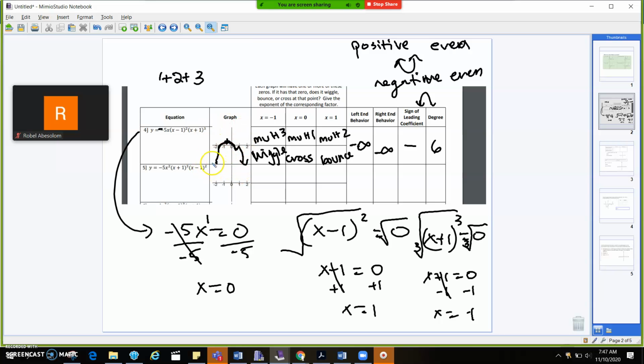Okay, and again, this is going to be a rough sketch because I'm not Picasso.